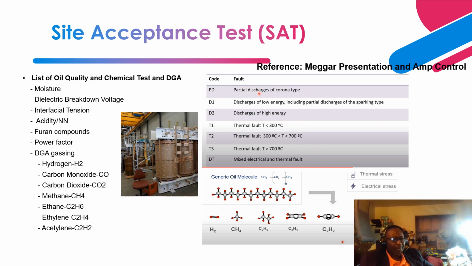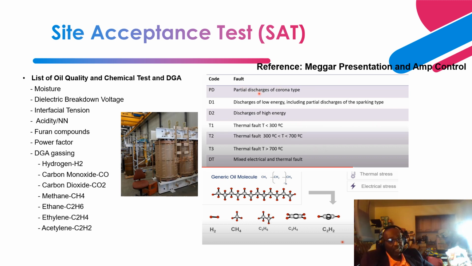So all these papers, as they degrade, they form these oxidative furan compounds that become part of the oil. So when you identify these components, the level is a marker for deterioration of the paper insulation.